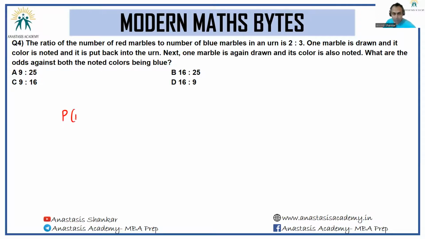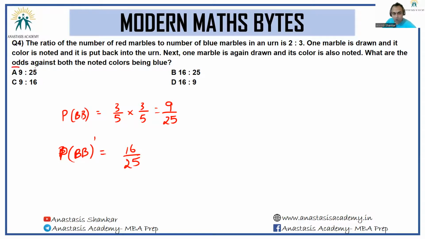Probability of both being blue is 3 by 5 into 3 by 5, which is 9 by 25. So probability of both not being blue will be equal to 16 by 25.